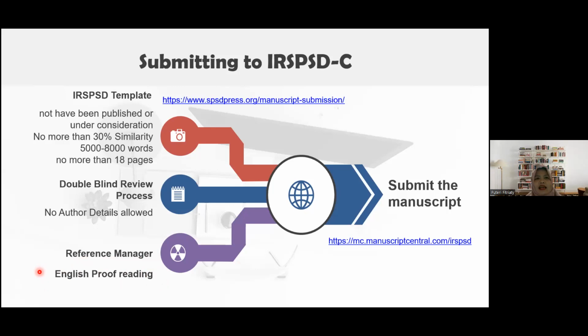But for some papers where we receive the English proofreading certificate, when it passes through our English editor the language is still not good enough, and then we still have to edit your manuscript by our English editor.